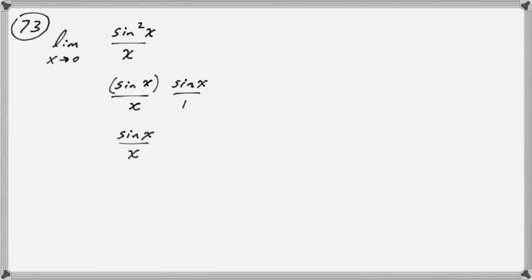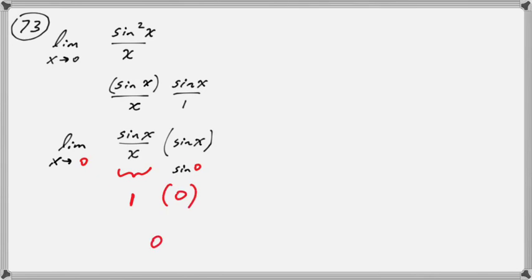So I have this, of which I know the limit, and I have it times this, which I think I could do direct substitution. So I know this limit is a 1. If I put in a 0 here, what is the sine of 0? 0, and 1 times 0 makes my answer 0.